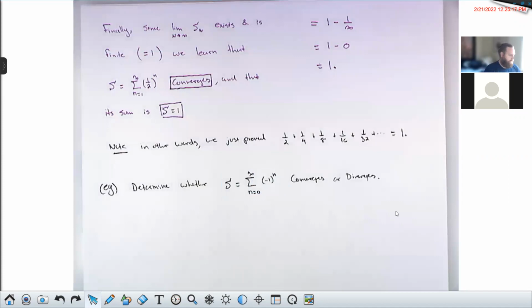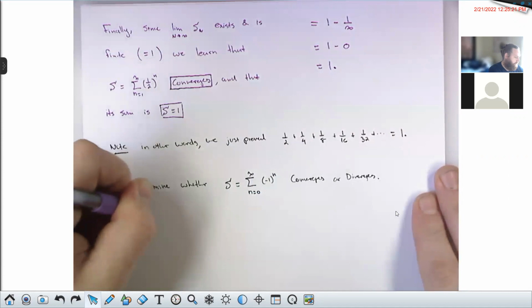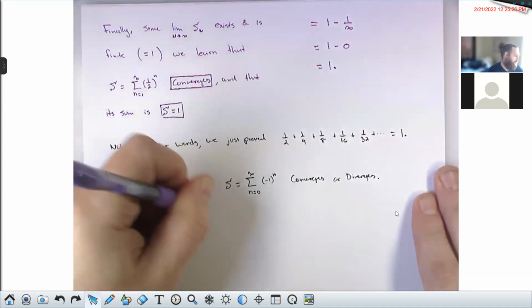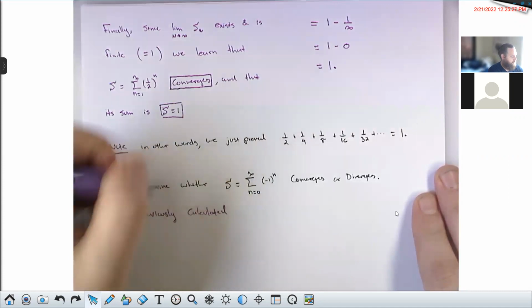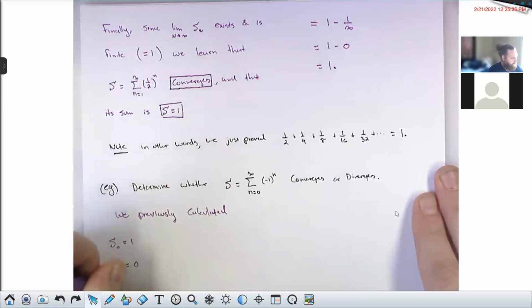Again, we previously calculated S0 to be 1, S1 to be 0, S2 to be 1, S3 to be 0, and S4 to be 1.